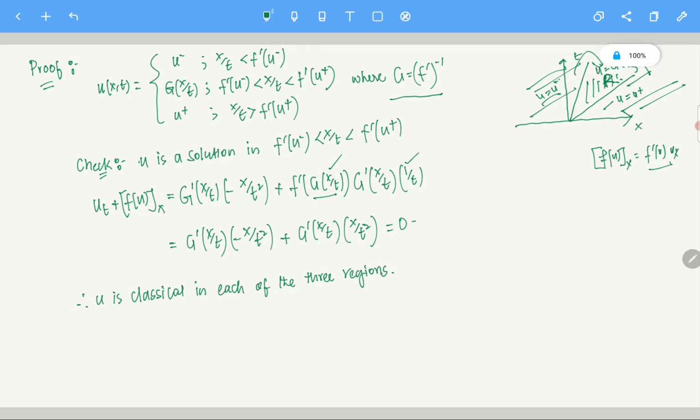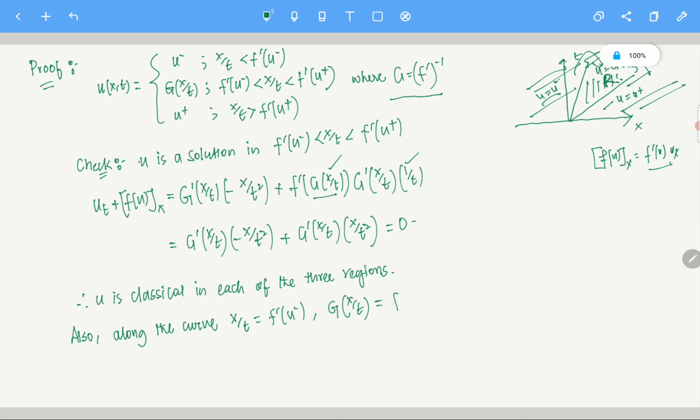Now, along the curve x by t equals f prime of u minus, g of x by t, clear?